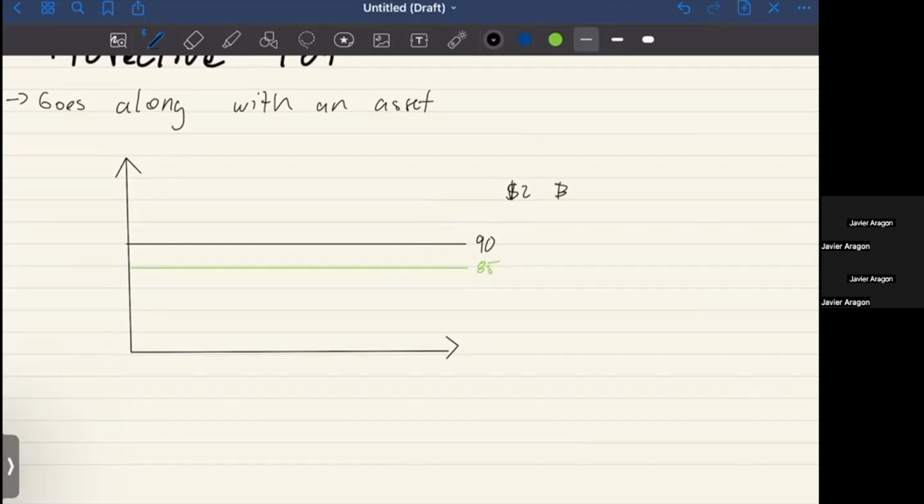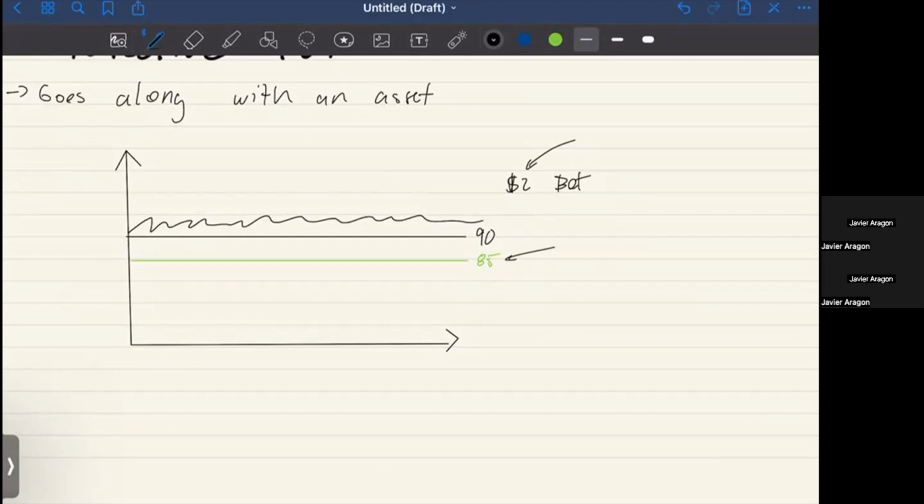So what happens here? If your stock just stays here above 90, you're just going to hold it and you're going to lose your $2 bet. That's okay, because you're just buying the insurance in case the following happens.